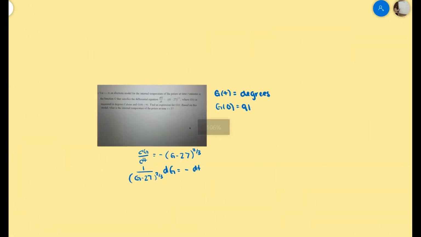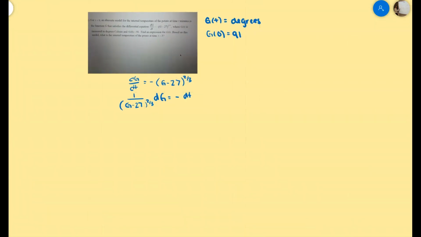And then we are going to find the antiderivative of that. In order to do that, we think of that 2/3 as coming up as a negative. So you have (g minus 27) to the negative 2/3 dg equals the antiderivative of negative dt.